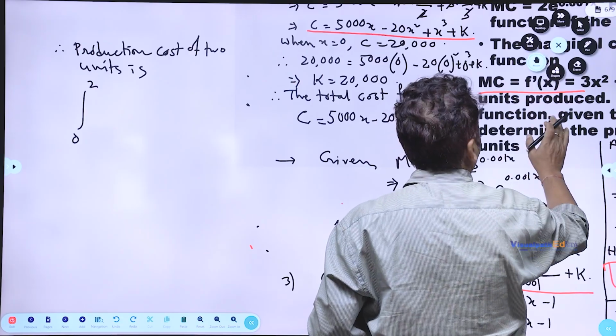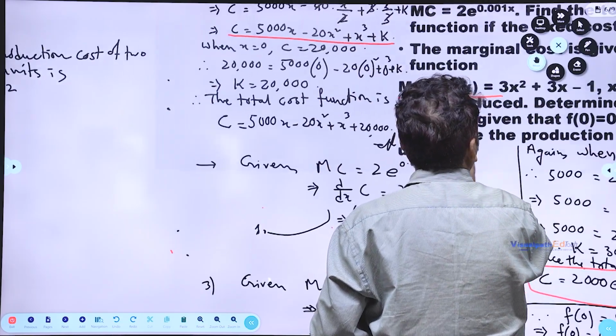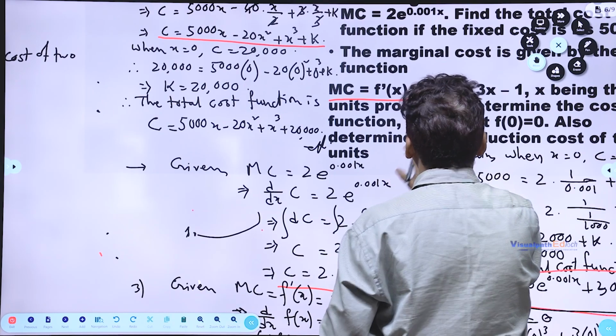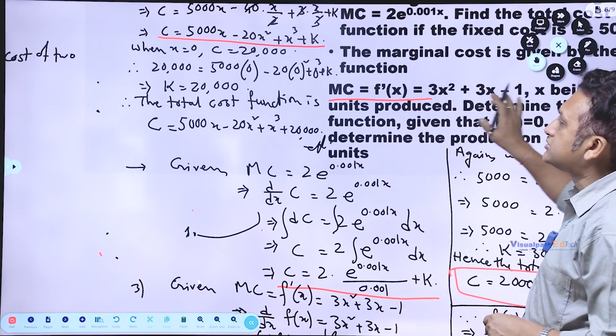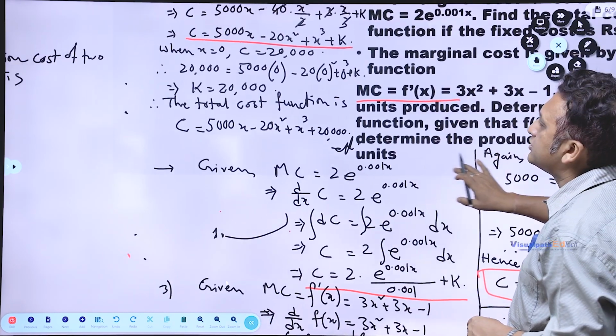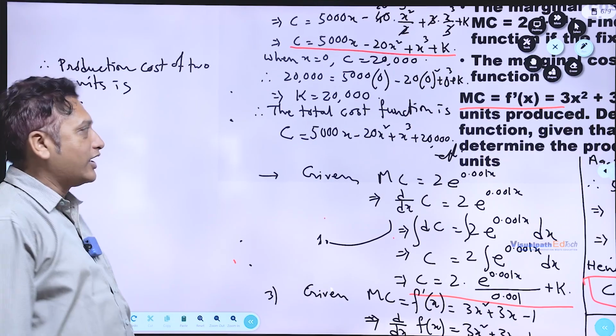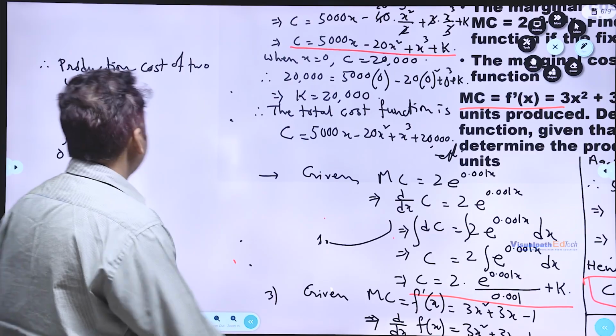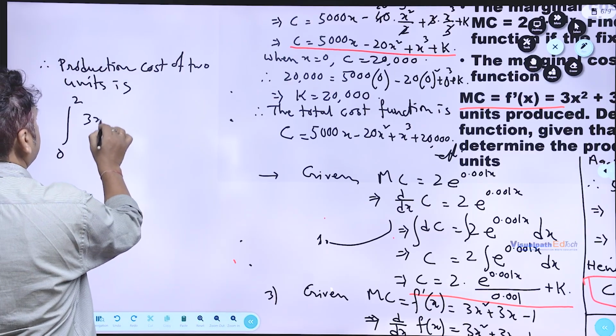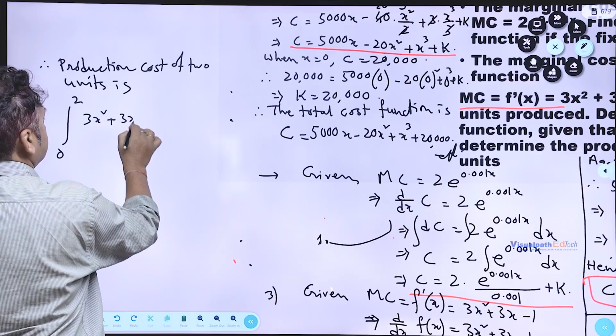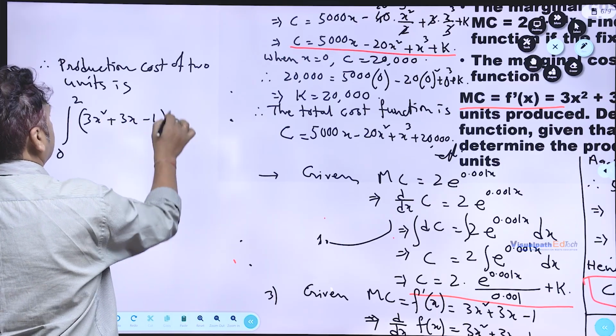I believe this was the marginal cost function. It says 3x squared plus 3x minus 1. So this marginal cost function we are going to integrate. Okay. So the marginal cost function is 3x squared plus 3x minus 1 dx.